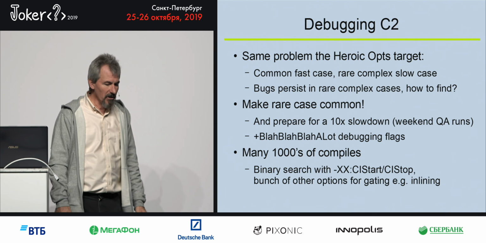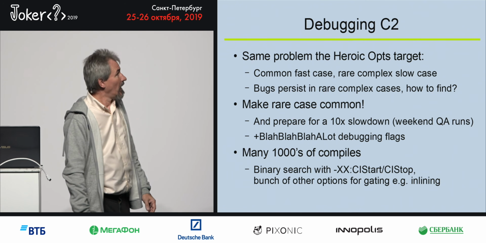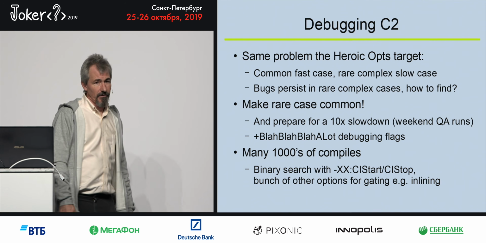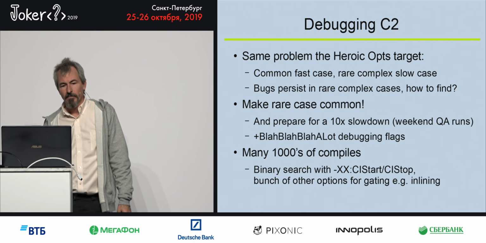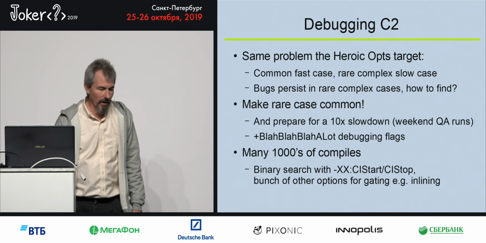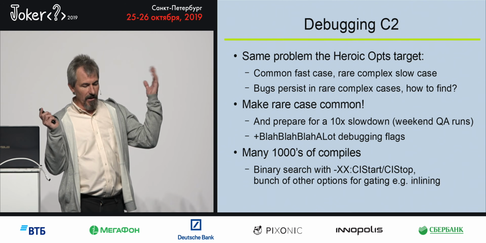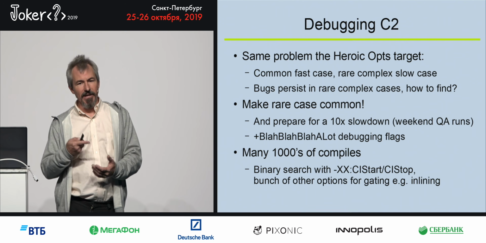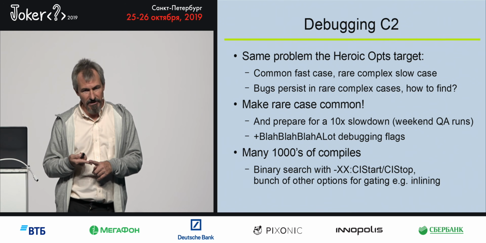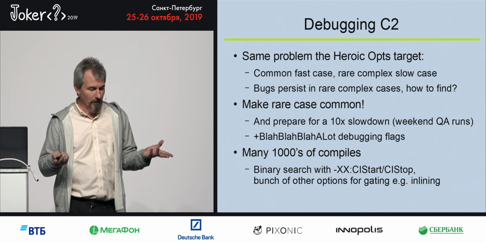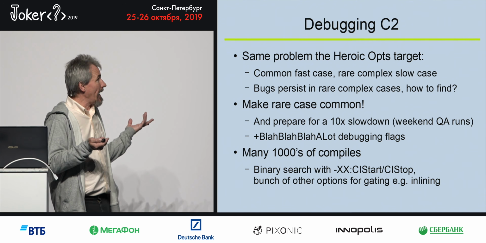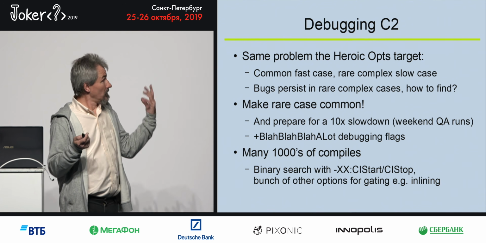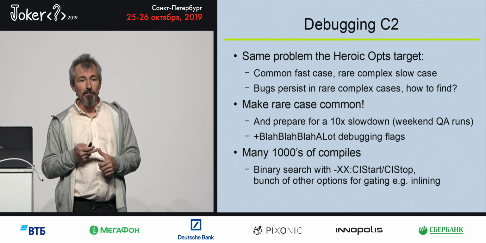Okay, a little bit about some debugging hints. So C2 is a giant monster to debug. You have the case where the common cases are fast and run well and have been well debugged, and when something rare happens and it's complicated, the bug lurks there. How do you find it? The way it was done at the time I was there was you use these blah, blah, blah a lot flags.